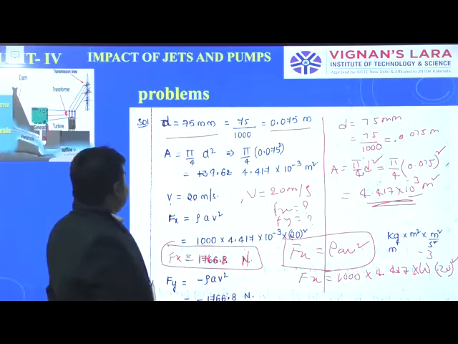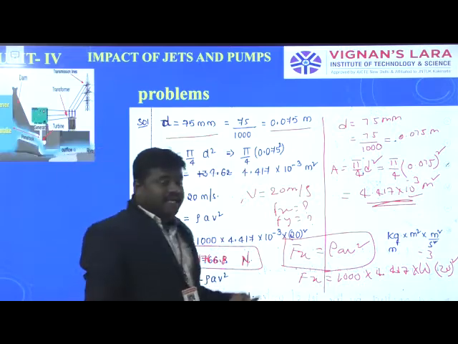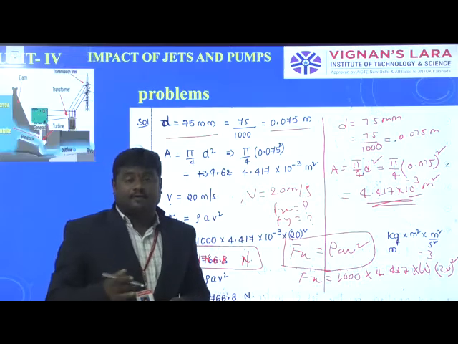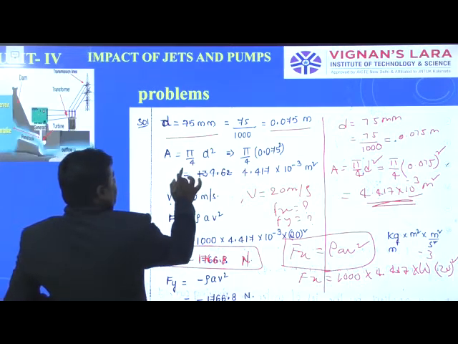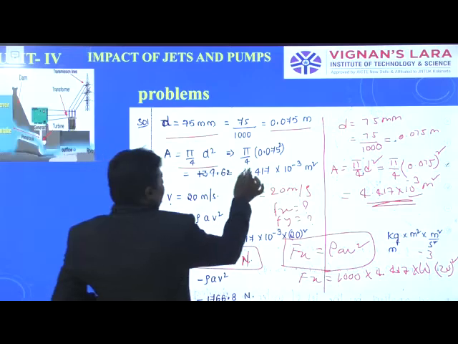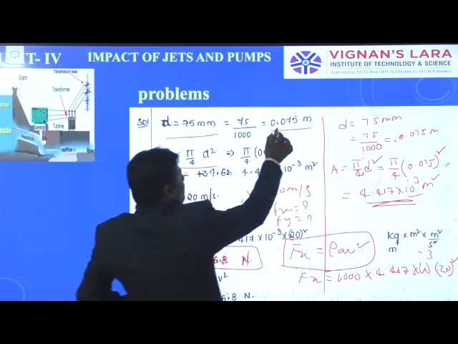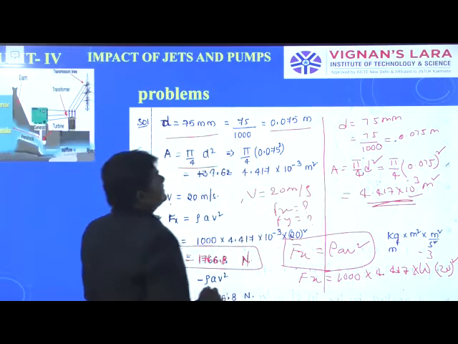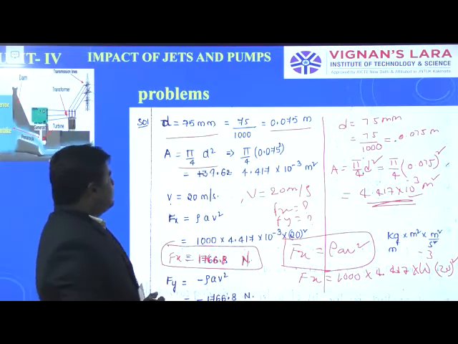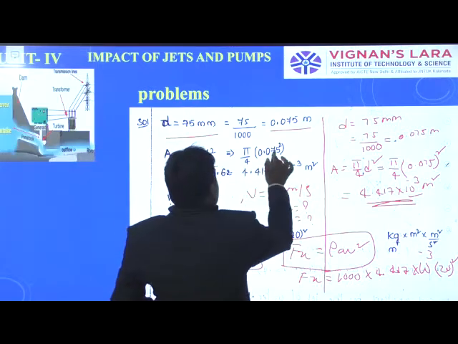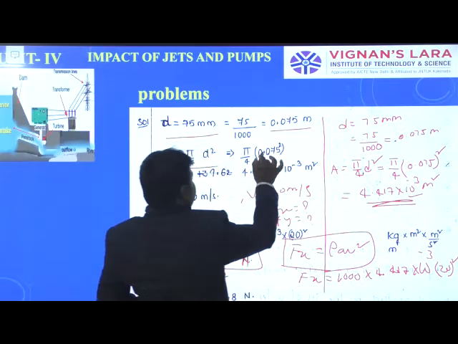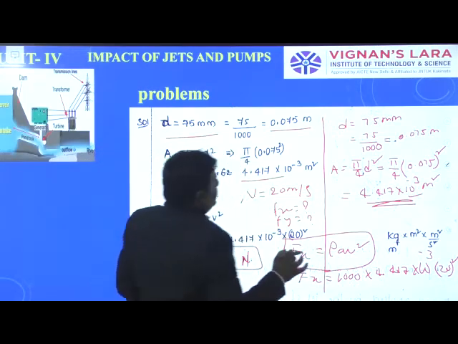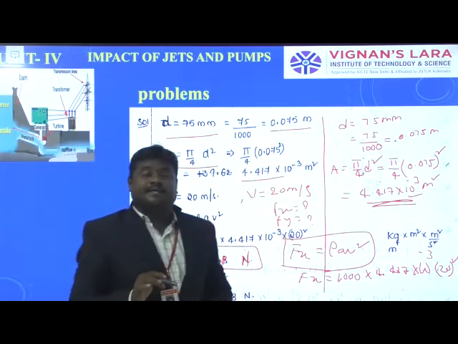Then the A value: the area of the stationary plate is pi by 4 d square, with d equal to 0.075 meters. Substituting in this equation, we get the value 4.417 into 10 to the power of minus 3 meters square.